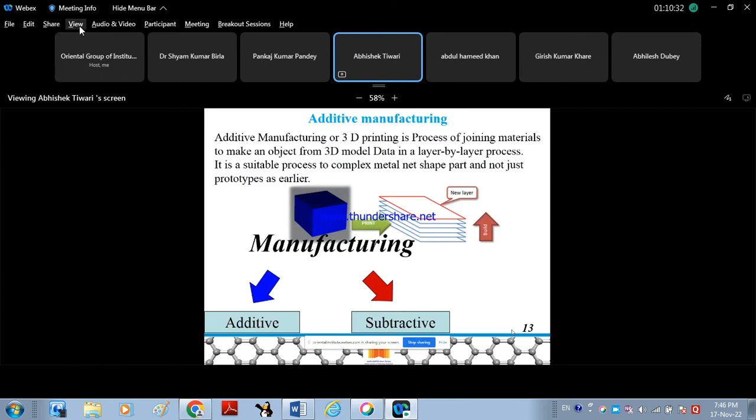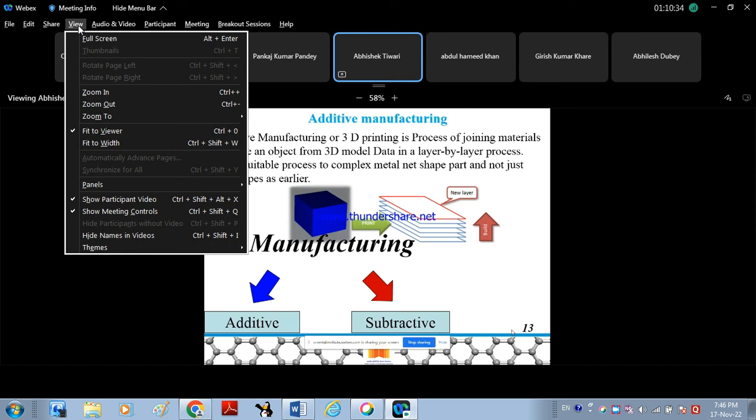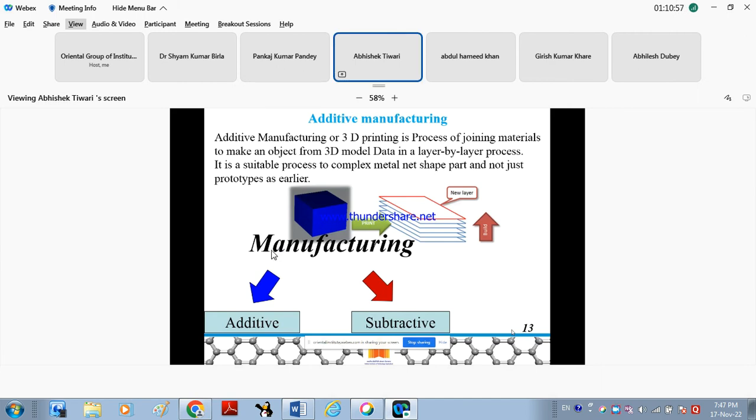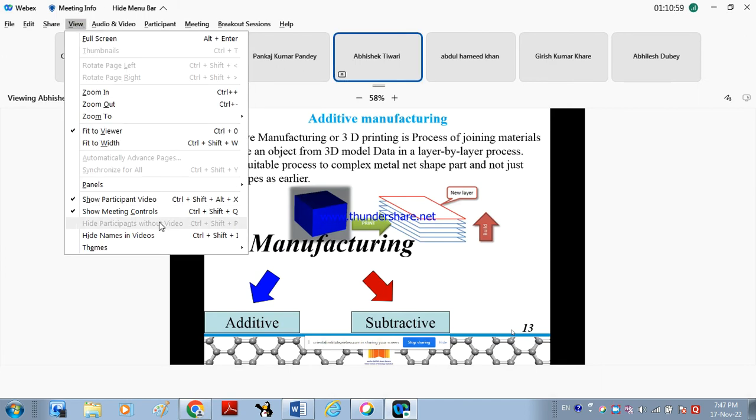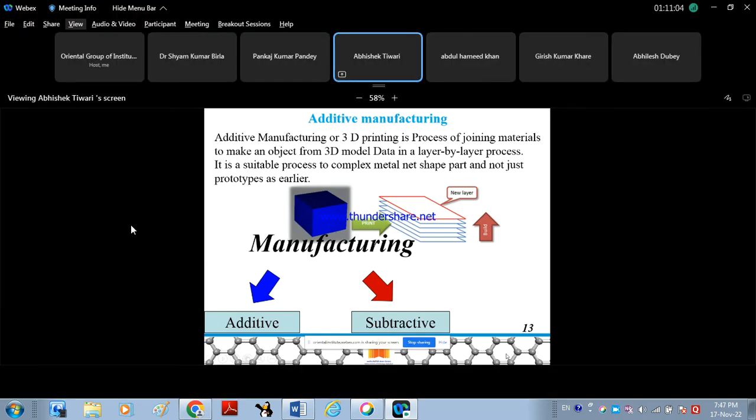Now, coming to the basic definition of additive manufacturing, or we can call it 3D printing, it is a process of joining materials to make an object from 3D model data in a layer by layer process, and it is a suitable process for complex metal net shape parts and not just prototypes as earlier. So manufacturing can be divided into two branches: additive manufacturing and subtractive manufacturing.